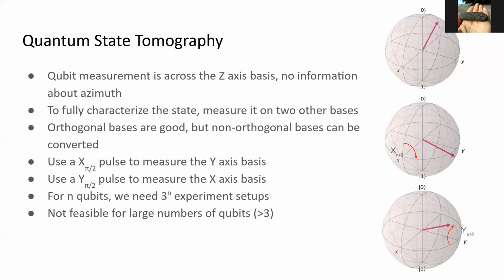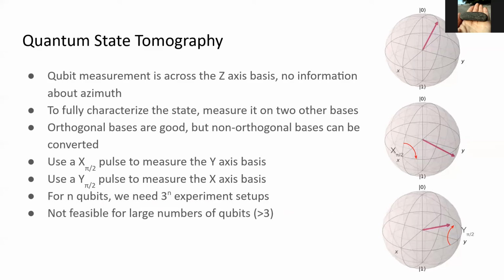When we measured 1 qubit, we needed to measure it on 3 basis vectors. When we introduce a second qubit, that's 3 additional basis vectors that we need to measure across. So the total number of experiment setups we need for n qubits is 3 to the n. And remember, we also need to run each experiment setup, say, 1,000 times.